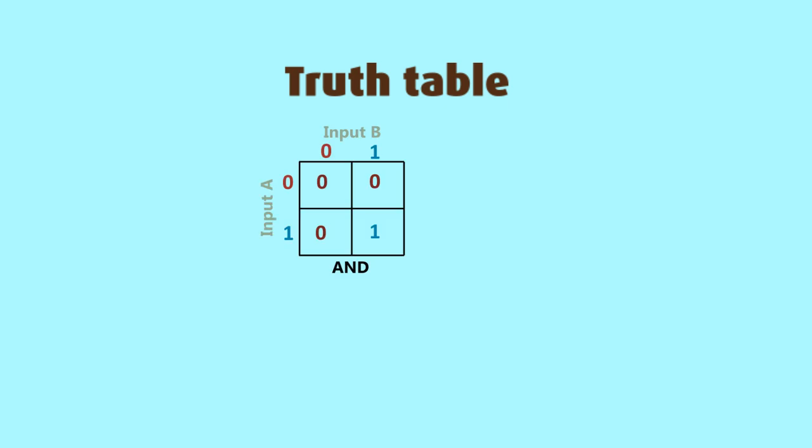We said it only gives out an output when both are on. So you have your inputs and you have your outputs. When both are on, you have it on, and for the others, you have off. So you have 4 options here. You have 4 choices, and this logic gate only gives out a 1 when both inputs are 1.